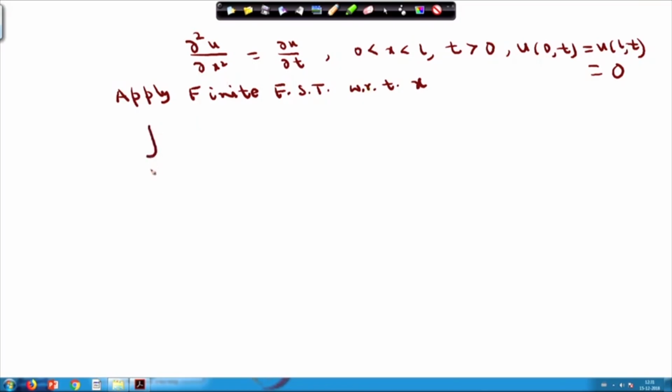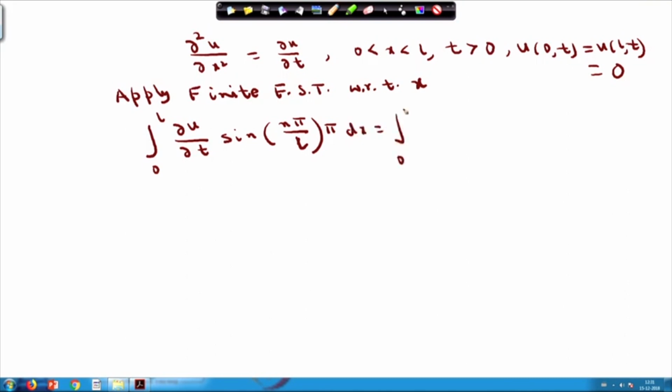So you will obtain the integral from 0 to L of ∂u/∂t times sin(nπx/L) dx. Here the range of x is from 0 to L, so it will be sin(nπ/L · x) dx.